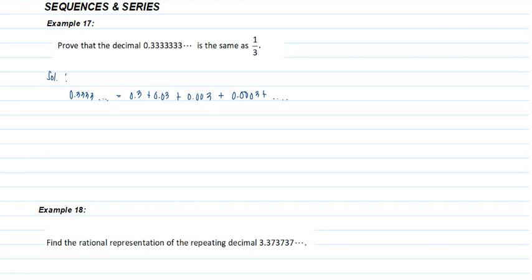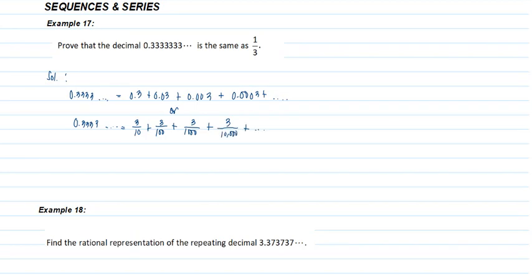So therefore, we could also express this in fractional form. So 0.333 can be expressed as 3 over 10, or 3 divided by 10 is 0.3. Then 3 over 100, or 3 divided by 100, 3 over 1000 plus 3 over 10,000, and so on and so forth.